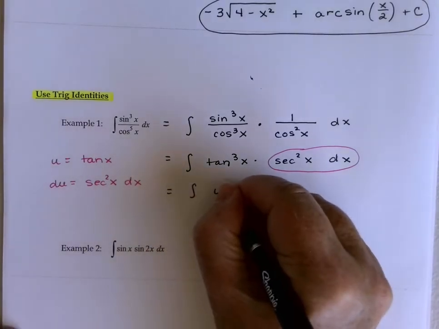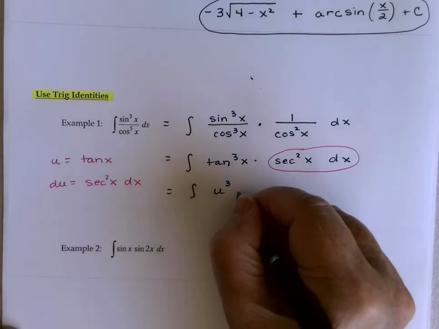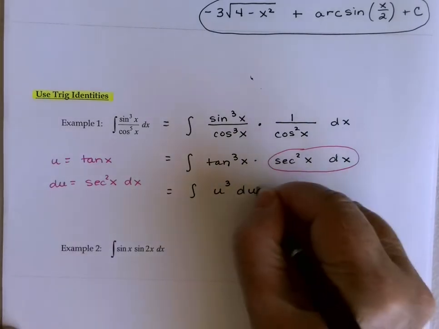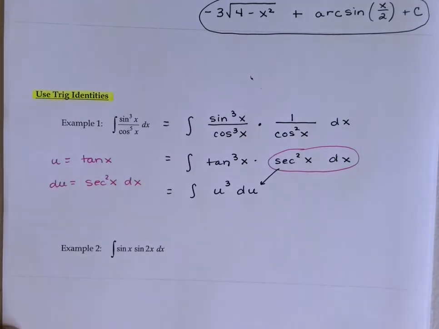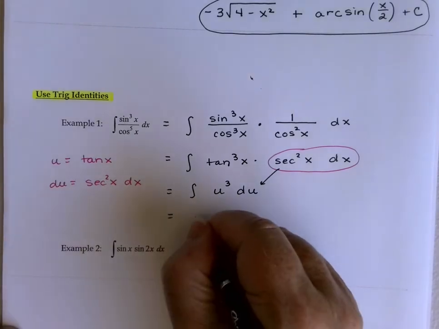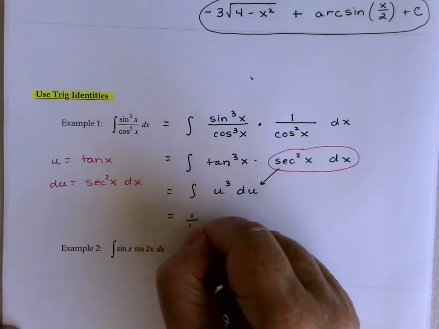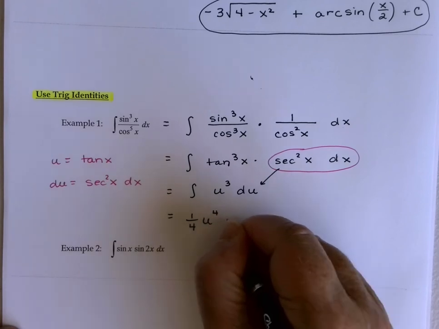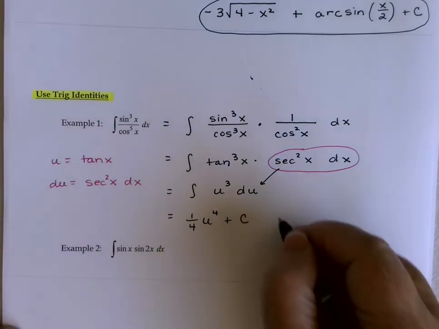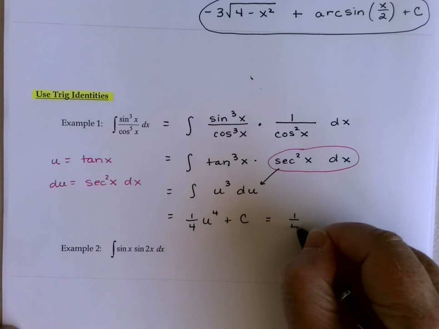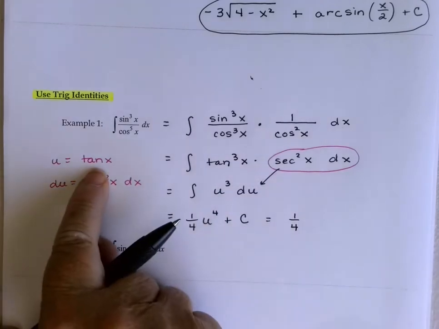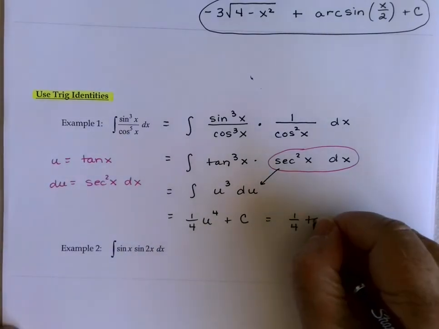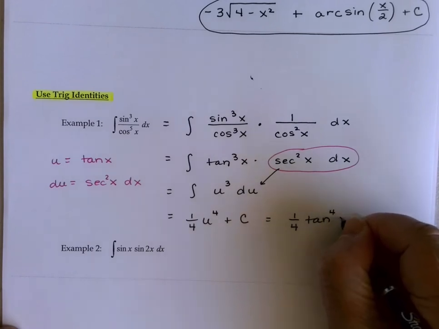So I'll think of this as u to the third, and then all of that just becomes du. Integrating will give me 1/4 u to the fourth, plus my c, or 1/4, that would be tangent to the fourth of x, plus c.